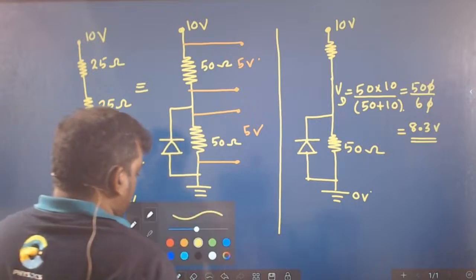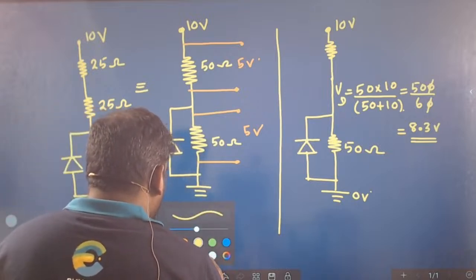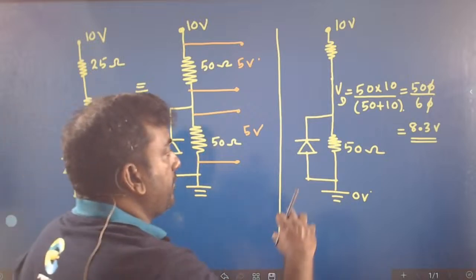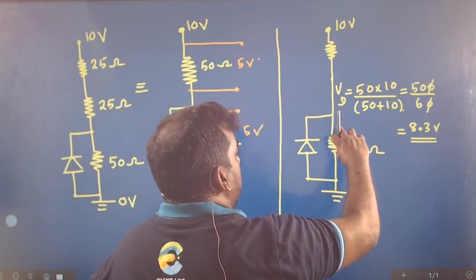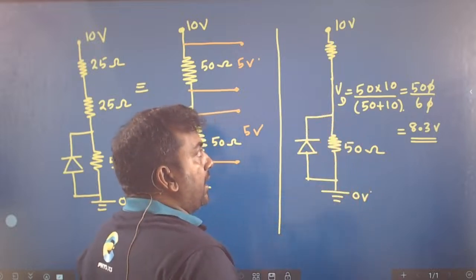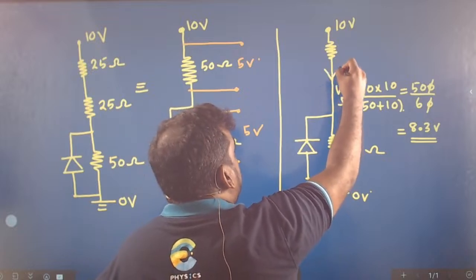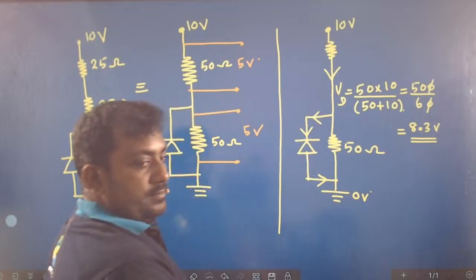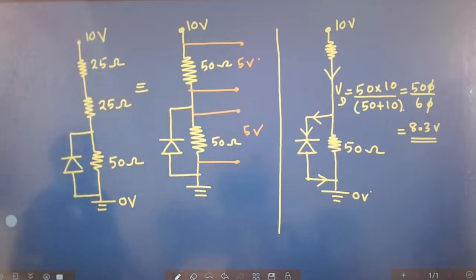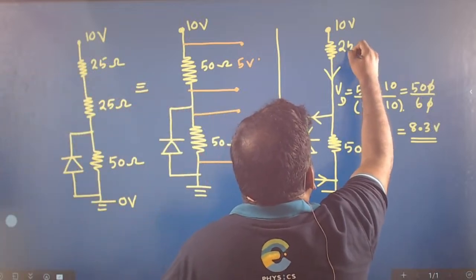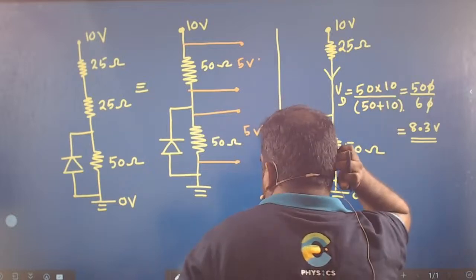Now here, once the voltage is more, breakdown has taken place. Current will pass through the least path of resistance. Current will go across this. Sorry, here a mistake was made.